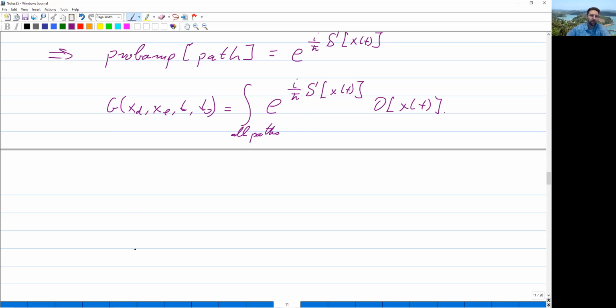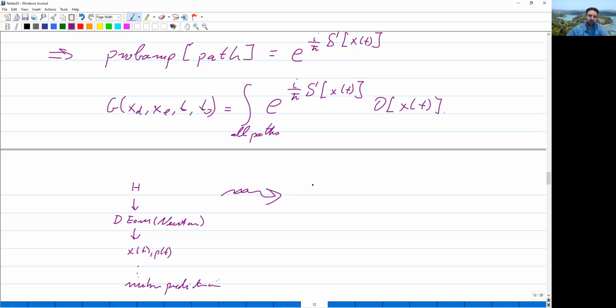Well, it turns out that instead of going from the Hamiltonian to the equations of motion of Newton, the differential equations of Newton, and then going to the functions x of t, p of t, etc., to number predictions, there we then were inspired to get to quantum mechanics with the Hamiltonian, and then we had the equations of motion, we had the canonical commutation relations and the hermiticity conditions, and from there we then went to the f hat, and then from there introducing the psi, we ended up with the f bar, and they are number-valued predictions, right?